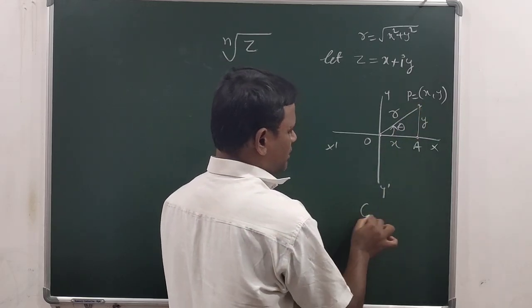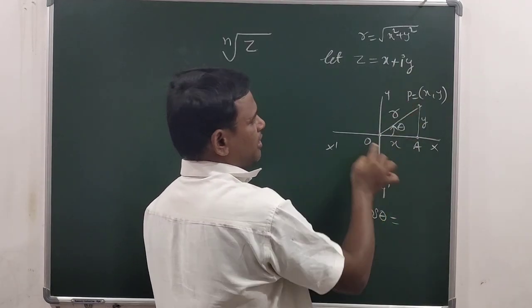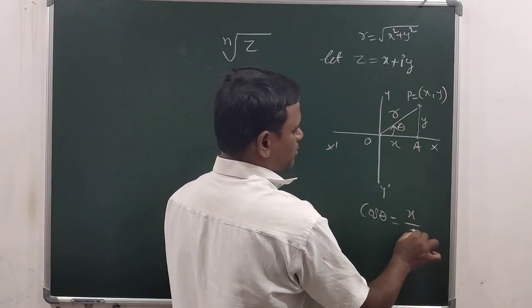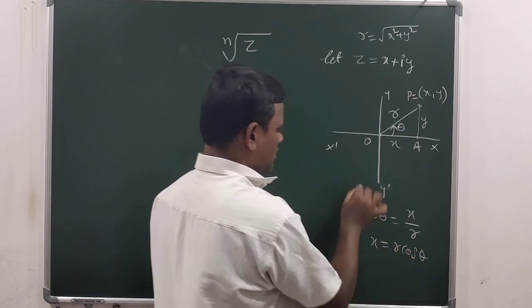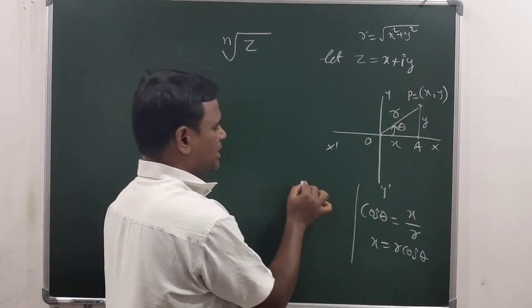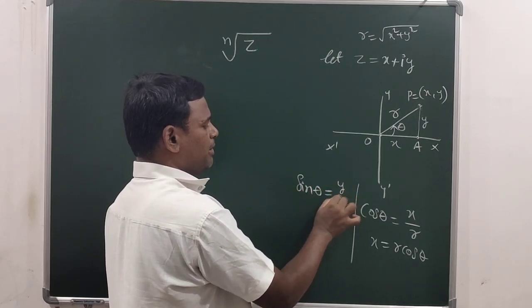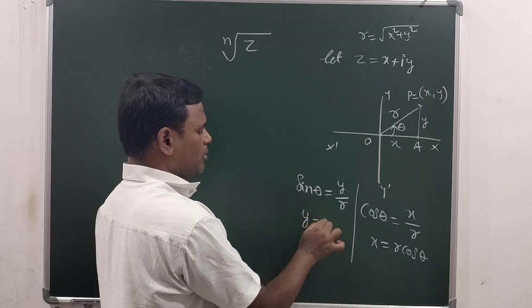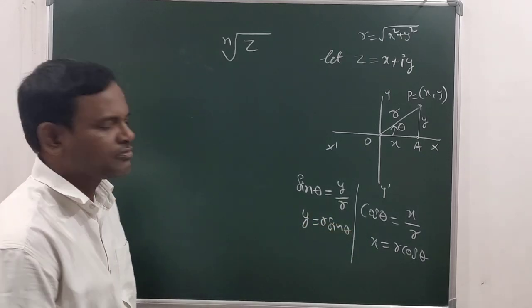Now define cos theta. Adjacent by hypotenuse, x by r. Now x equals r cos theta. In the same manner define sin theta. You get y by r. Now y equals r sin theta. You know all this.